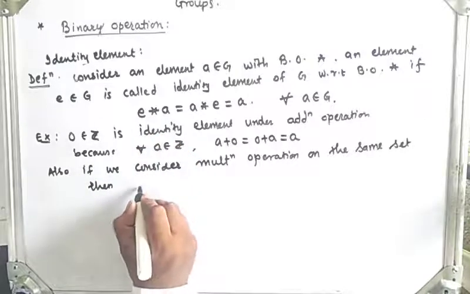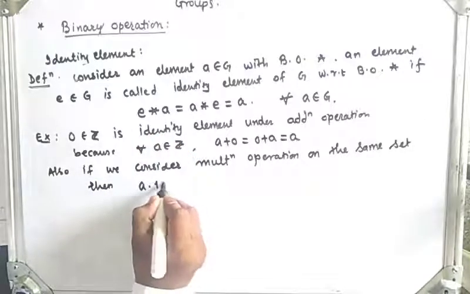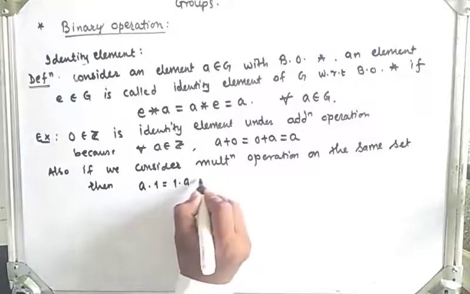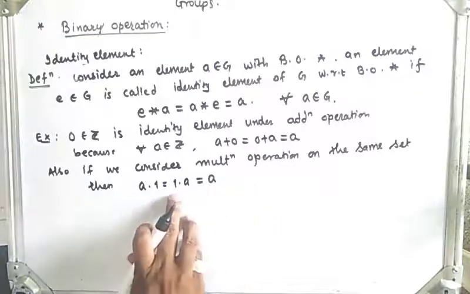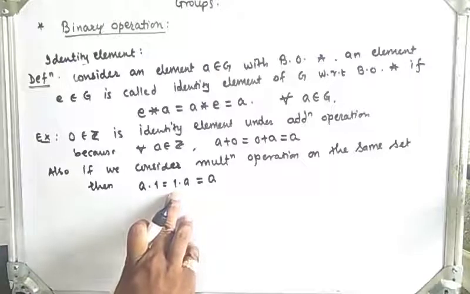So A into 1 is equal to 1 into A is equal to A, then 1 is the multiplicative identity.